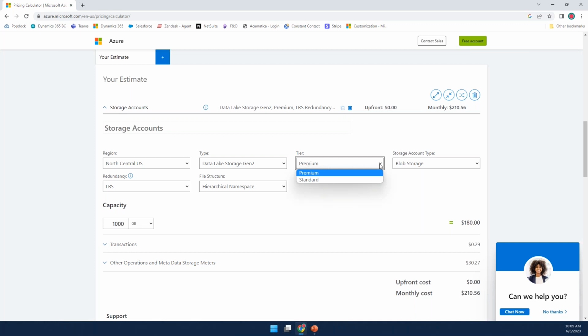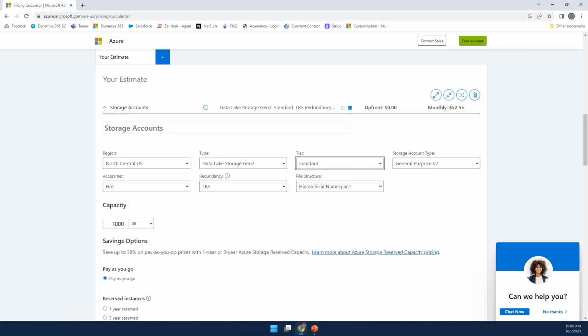In all of my testing, and we've tested with some really large data sets and huge amounts of transactions, I have not seen any performance improvements by choosing the premium. So for now, I'm recommending that most people go with the standard tier. But I just want to point that out. That is one of those things that does move the needle. In our case, it is approximately 4 times what we're at. Okay, we only get one option there.